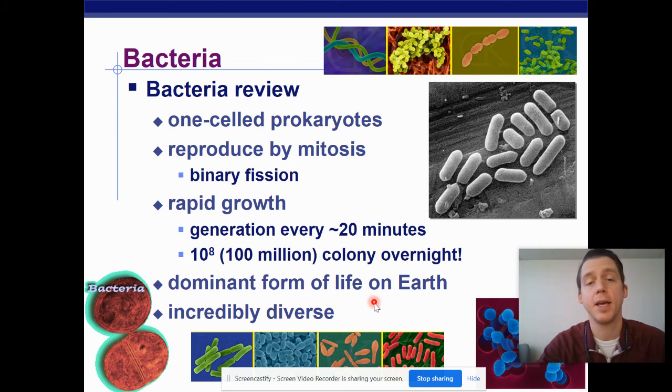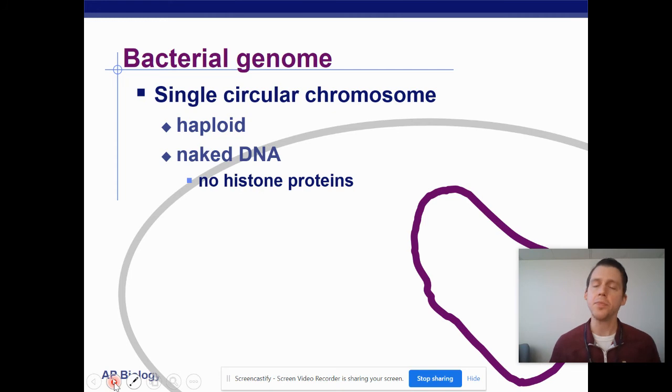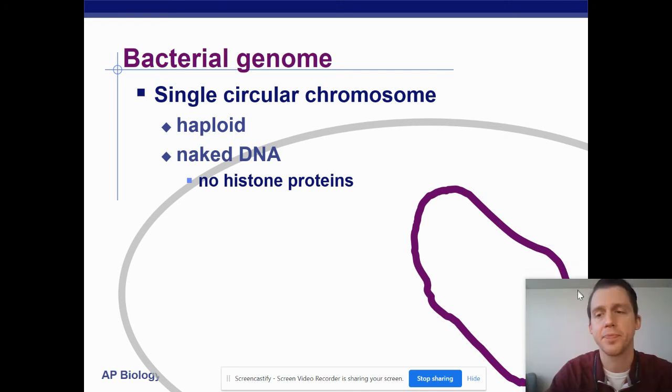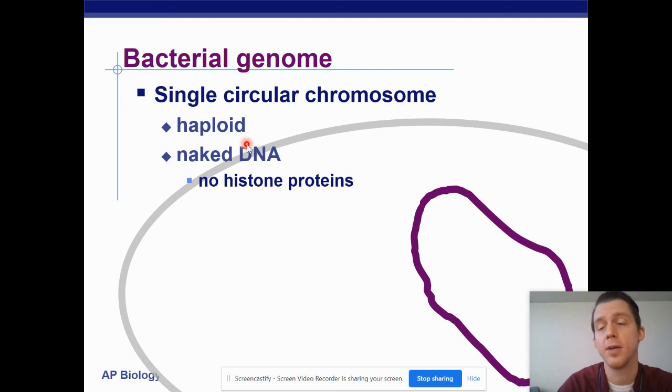Bacteria are the dominant life form on Earth, and they're very diverse, which also is going to help us out so that we can pick what we need in order to work with. The DNA in a bacteria is a single circular chromosome. You see that here. This is that one chromosome. It's haploid because there's one, right? There's not a pair, and it's called naked DNA. What that means is that there's no histone protein. So there's no winding and tightening.